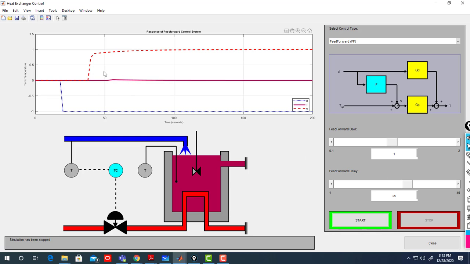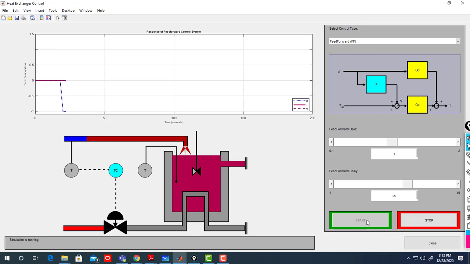But look at how it is. This is the control effort V. V is the control effort that you apply to follow your set point, which is 0. That's the effort I apply. So now if I have 25, how robust is it to the model uncertainty? It's not really robust, because there is no feedback in this case.